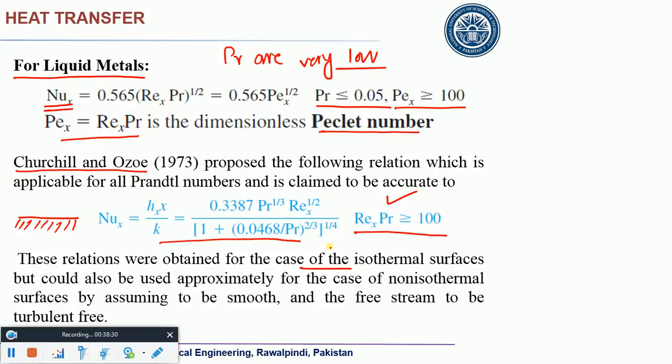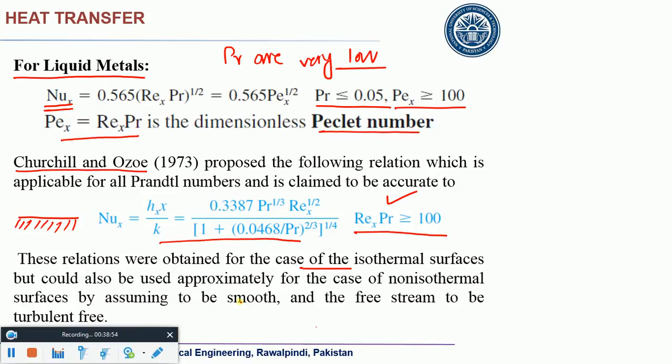Now what do you mean by non-isothermal? Where you can have a flux condition, or where partial T by partial x is not zero on the plate. And again, there are some other things as well.